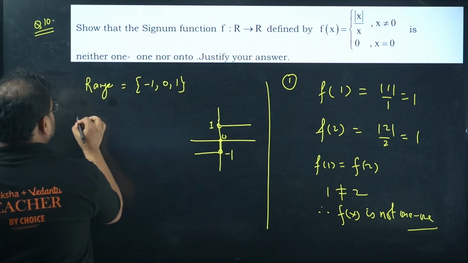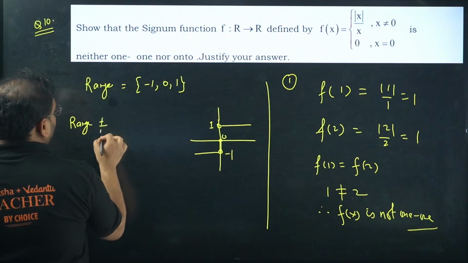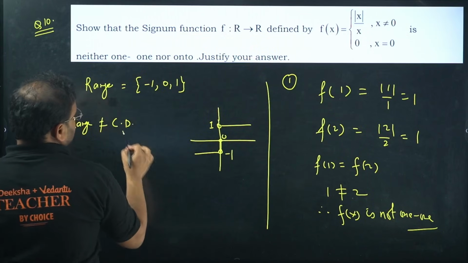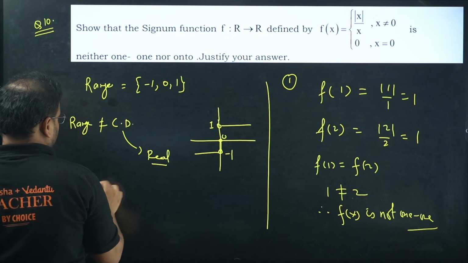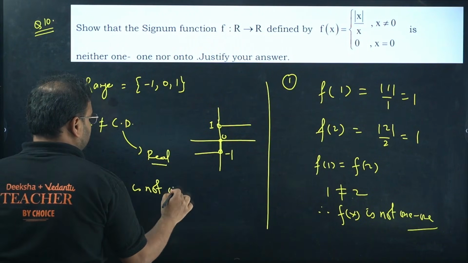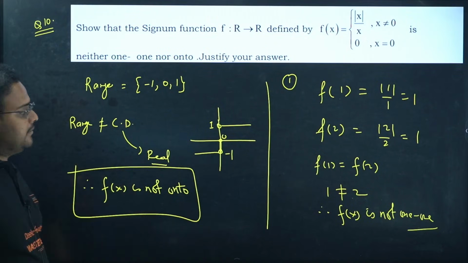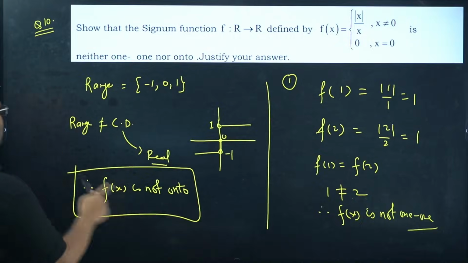The range is not equal to the codomain, because the codomain is all real values. It means f(x) is also not an onto function. Done? Not one-one, not onto. Question number 10 is also done.